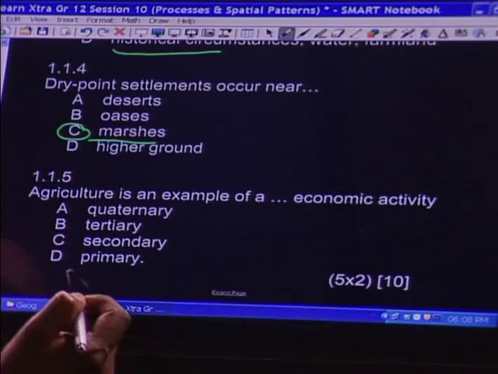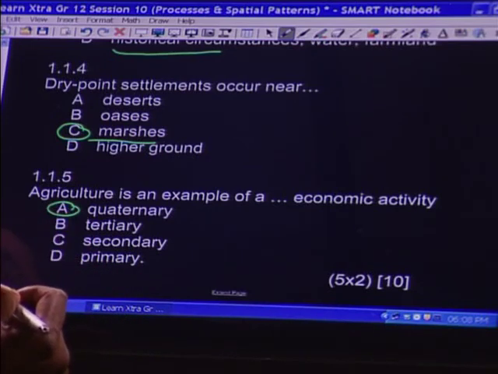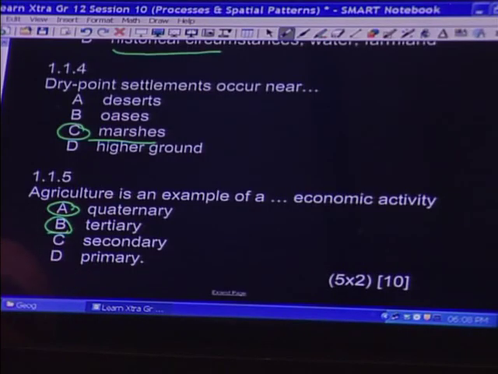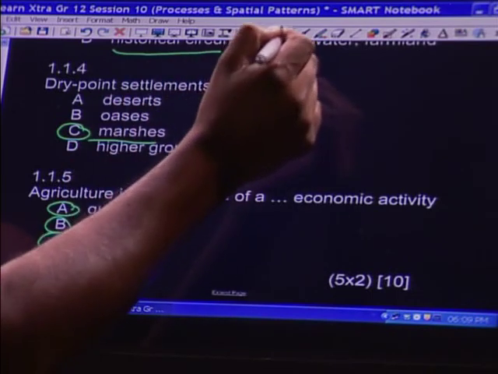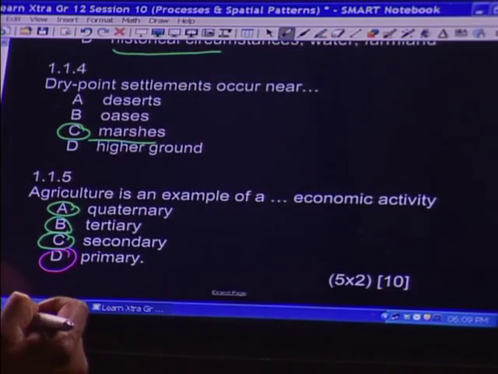There are 4 types of economic activities. It cannot be quaternary because these are activities that deal with technological aspects. It cannot be tertiary because it deals with services. C, manufacturing, no. The correct answer in this example is D. Agriculture is an example of a primary economic activity.